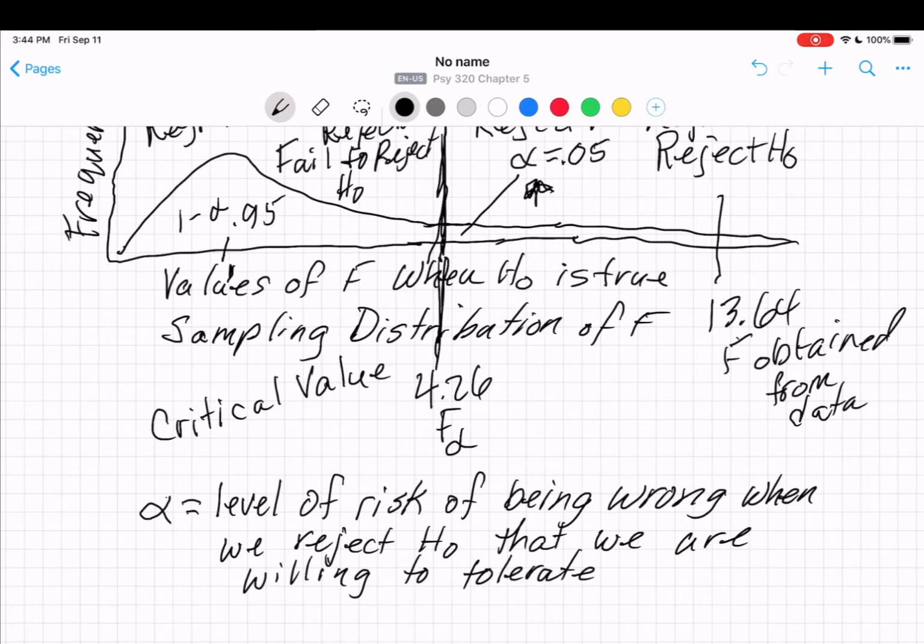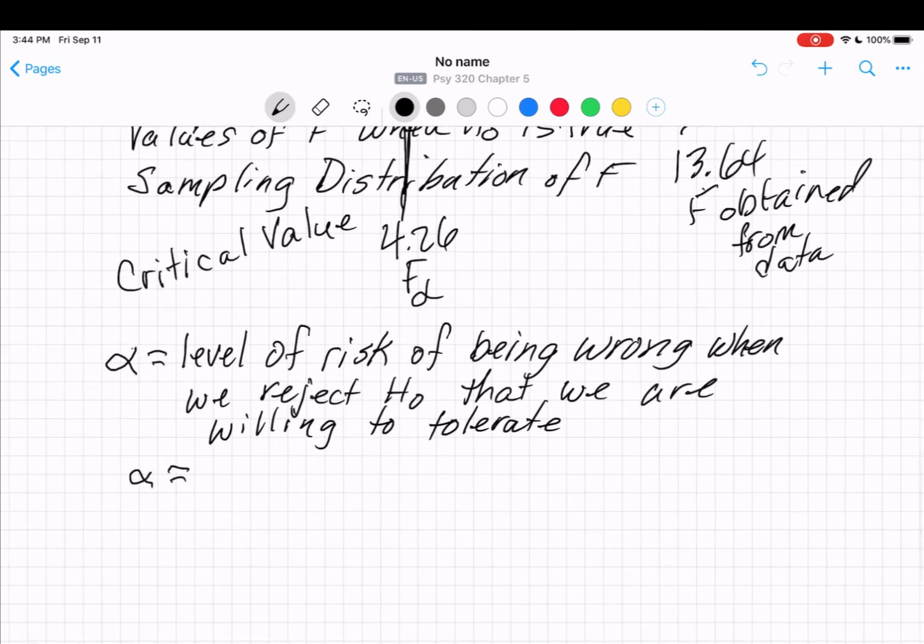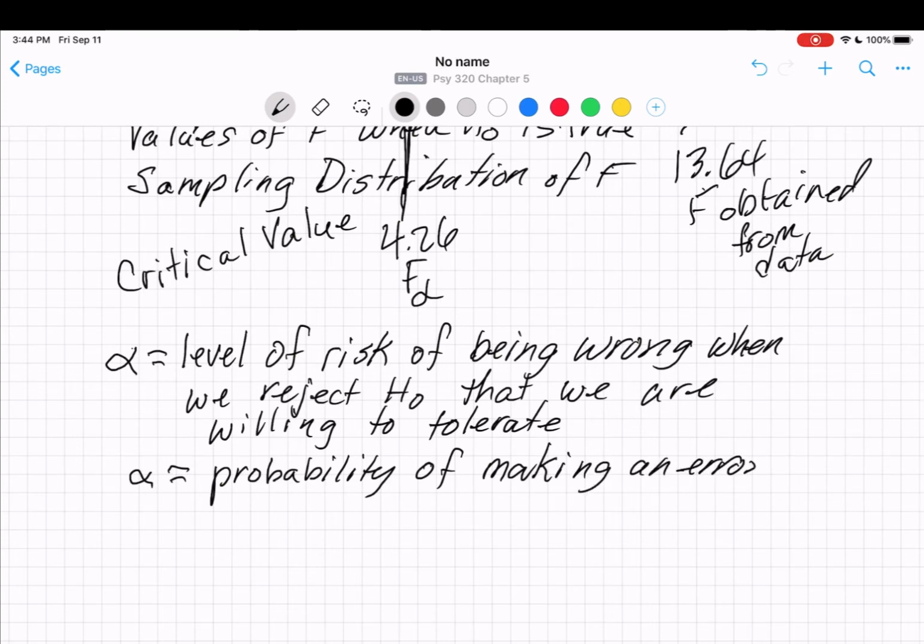Another way of putting that is that alpha is the probability of making an error when we reject the null hypothesis.